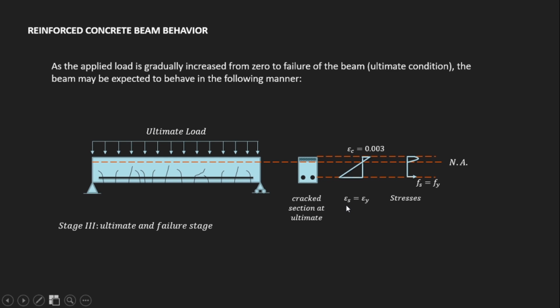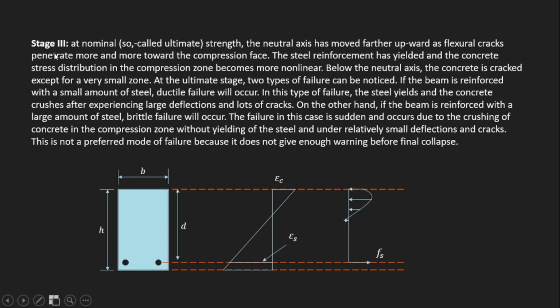Yung actual strain natin nag-equal na sa yield strain natin na Ey. And this time, kitang-kita na dito yung stresses in our concrete, hindi na talaga siya linear. Meron tayong curvature, and dito naman yung actual stress naman of our steel nag-equal naman sa yield strength of our steel. So, at stage 3, at nominal strength, the neutral axis has moved farther upward as flexural cracks penetrate more and more toward the compression face.